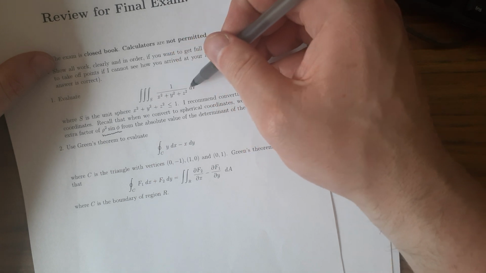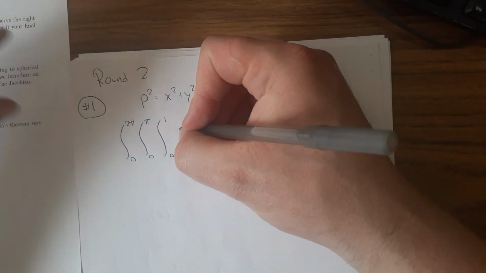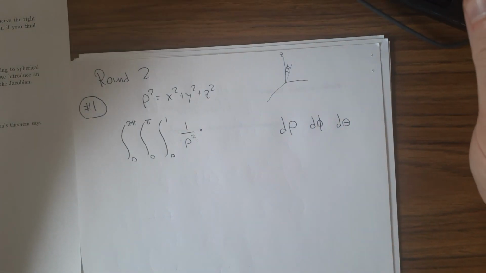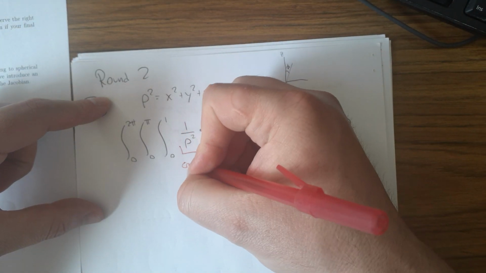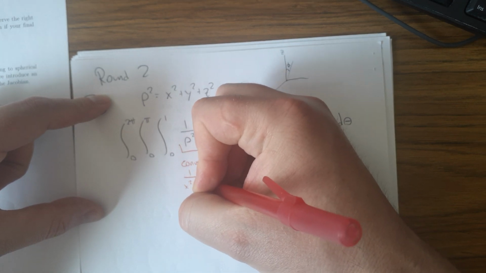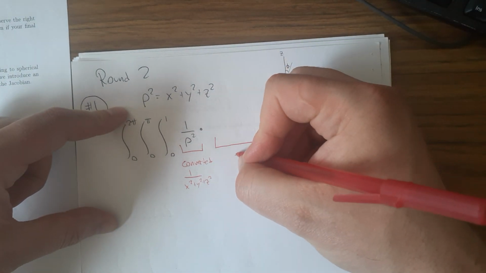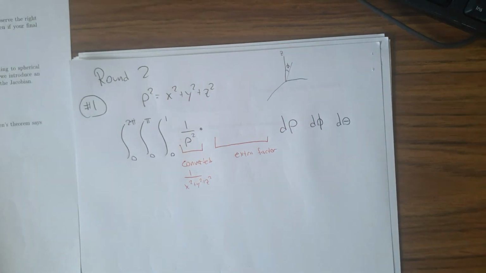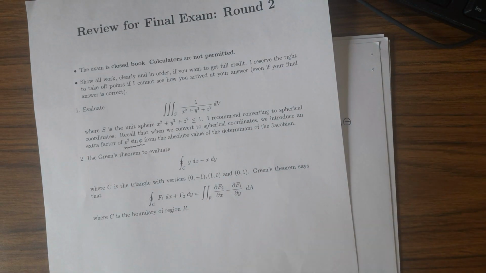I need to convert my function, and as we discussed, that's easy because I see rho squared right down there. So this is 1 over rho squared. And then I need to not forget the extra factor, the absolute value of the determinant of the Jacobian, but you don't need to remember all those words.